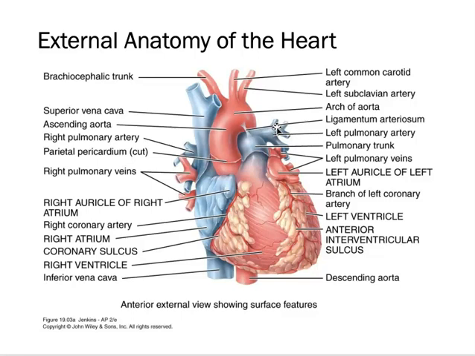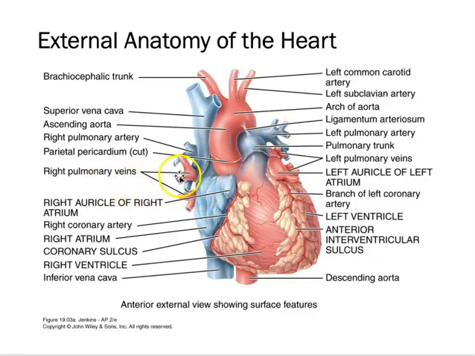Now, this is something that's going to be very important. Arteries always take blood away from the heart. That's how they are defined as arteries. Arteries are not defined by whether or not they carry oxygenated or deoxygenated blood. They are defined by the direction of flow of blood. So arteries carry blood away from the heart, and veins are going to carry blood toward the heart.